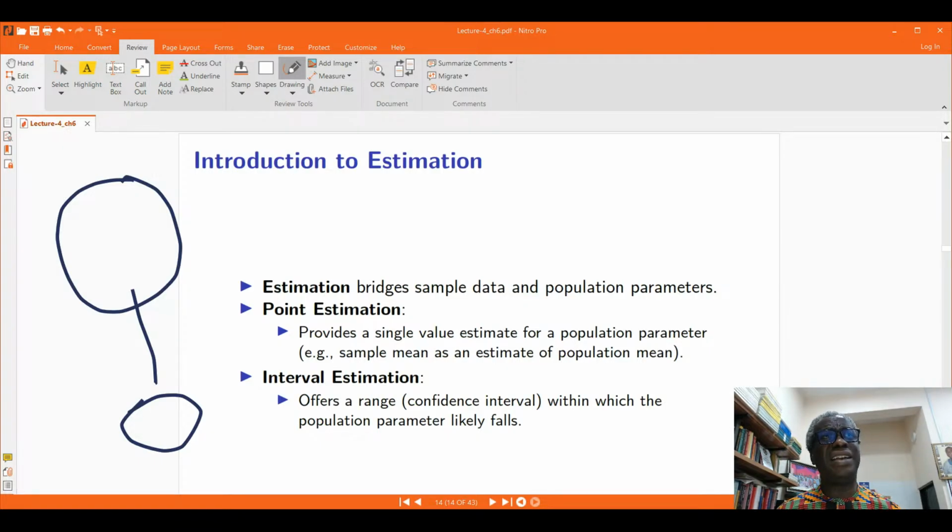So here, estimation bridges sample data and population parameter. It is from the sample that you are able to estimate the unknown quantity in the population. In between that is the estimation.